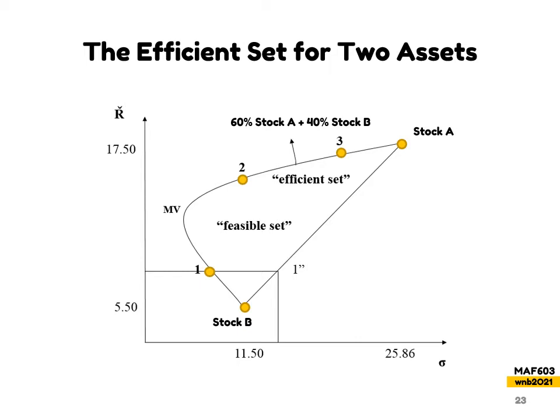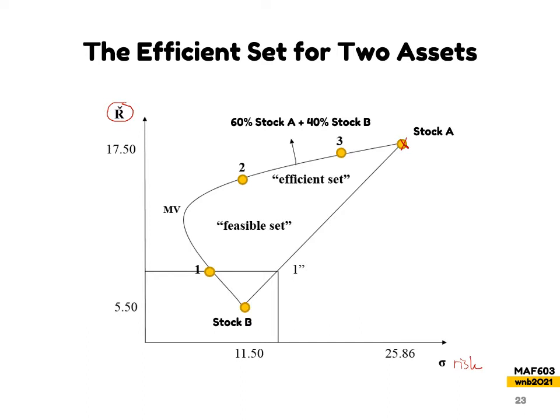For the y-axis, we have expected return, and for the x-axis, this is the symbol for standard deviation, which means this is the risk. So if I just want to invest all my money in stock A, I will get the point here.